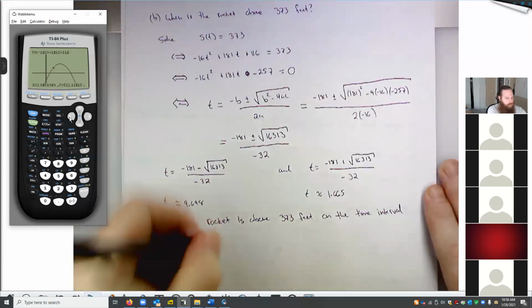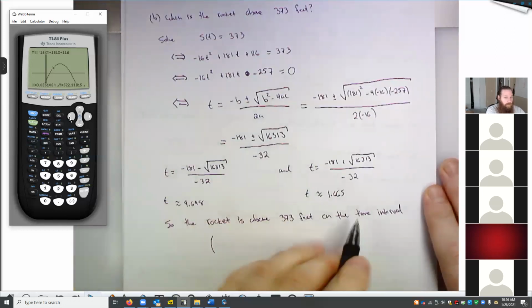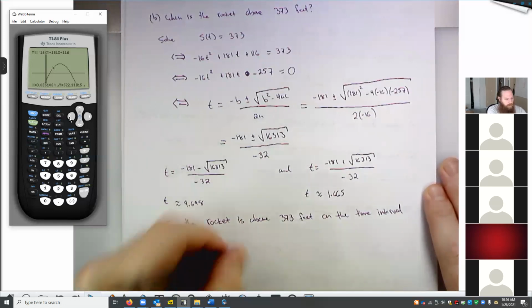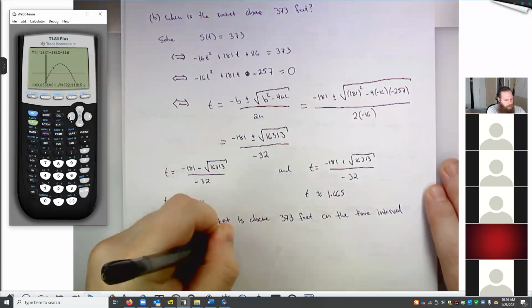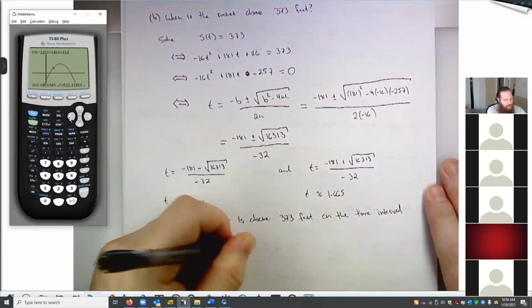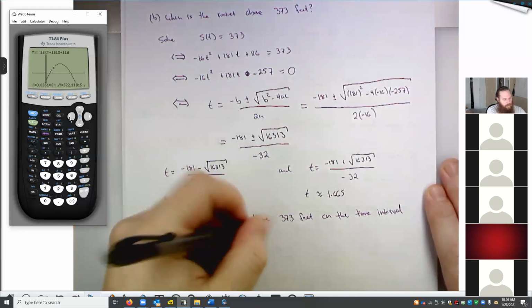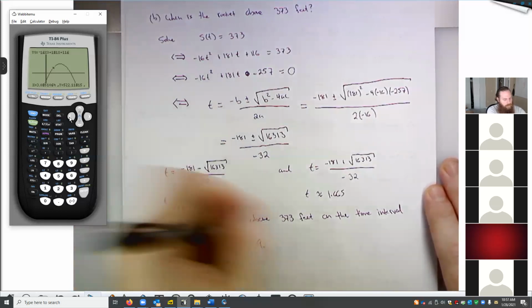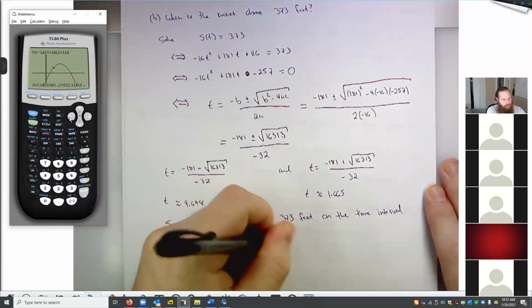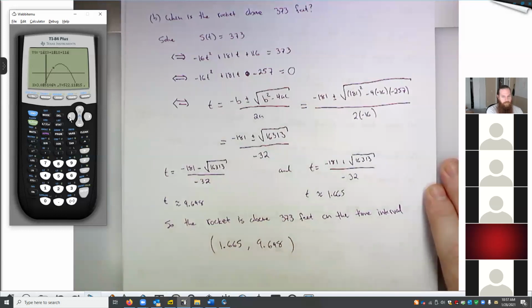On the time interval, it's going to be an open interval because we want it to be strictly above. Again, I'll round to 3 decimal places. The open interval from 1.665 seconds to 9.648 seconds. That's our answer for part B.